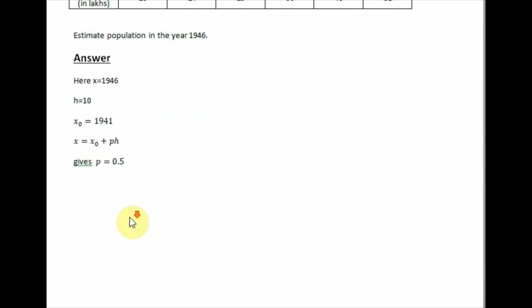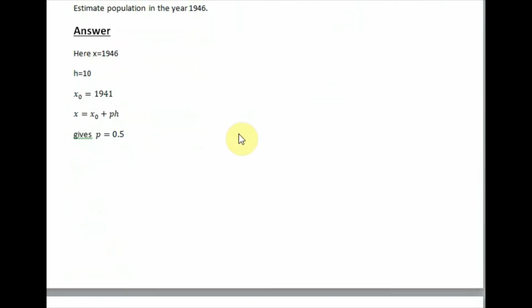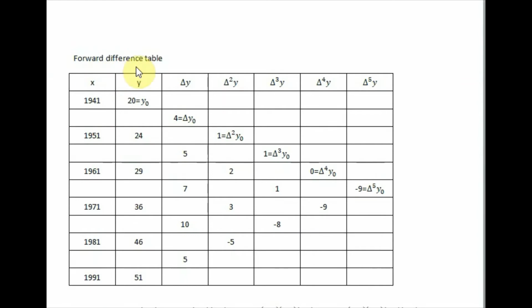Now in order to find delta y0, delta square y0, delta cube y0, etc., we have to form the forward difference table. In this forward difference table, the first column contains x values 1941, 1951, 1961, 1971, 1981, 1991. Then the second column contains y values, that is 20, 24, 29, 36, 46, 51.